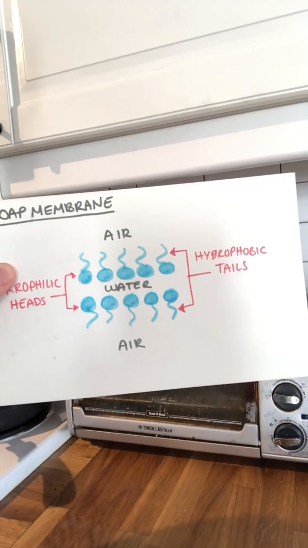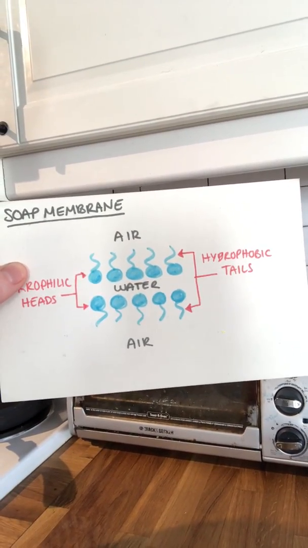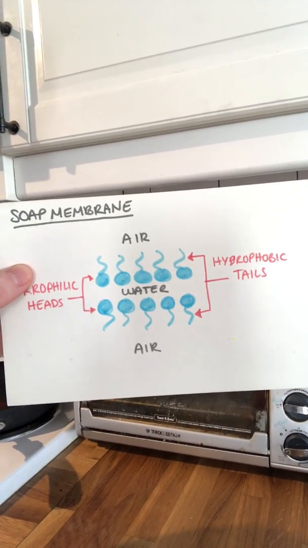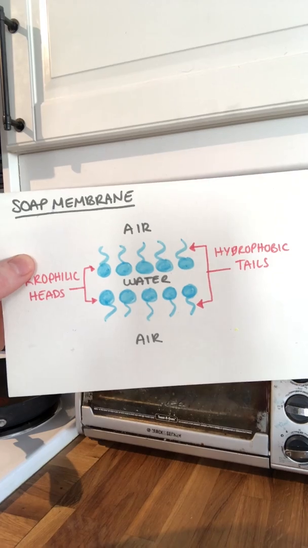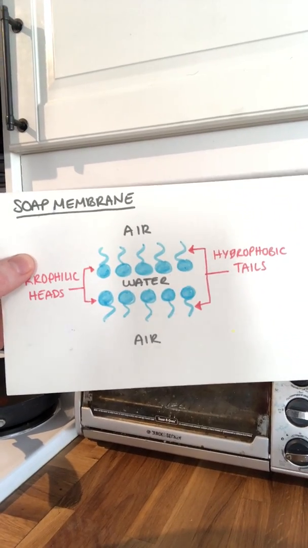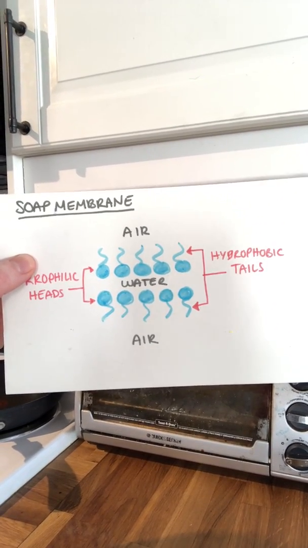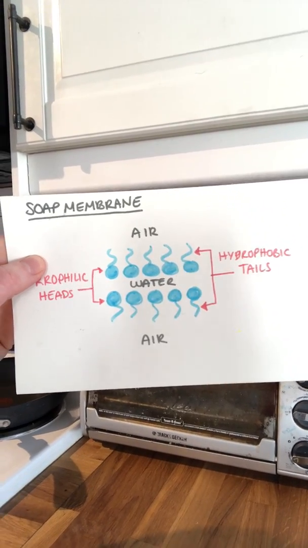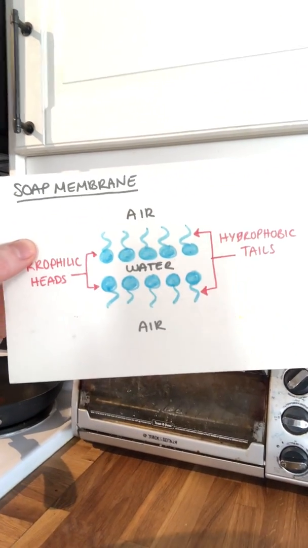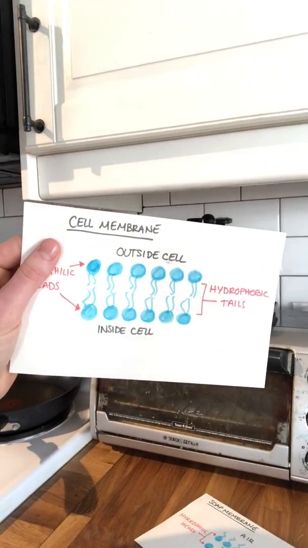We looked at this soap membrane, and we saw that we have the hydrophilic parts of the soap molecules on the inside, touching the water, and then we have these hydrophobic, water-fearing parts of the soap molecules touching the air. Think about that image, and then you can look at a cell membrane.